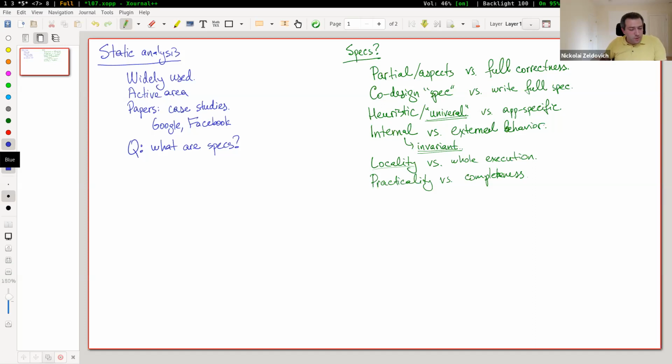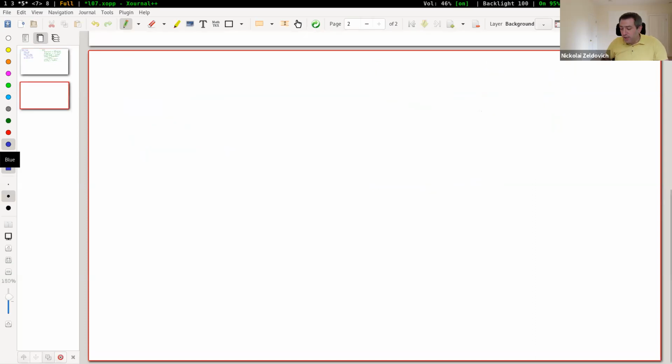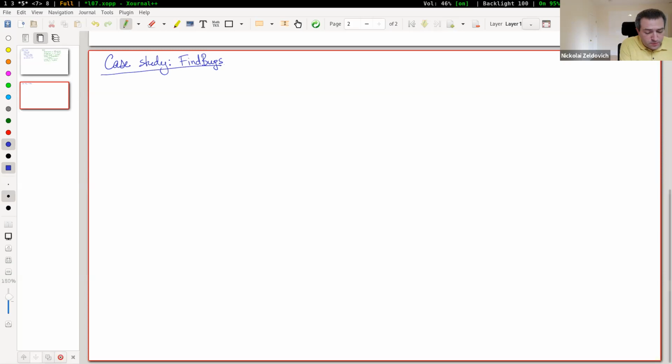But one dimension by which I was thinking we could do this is by looking at the case study that Google presented. In the Google paper, they had this case study of the FindBugs system. This was an academic research prototype developed to find bugs in Java code. And the authors of the system, I think, actually went to Google.